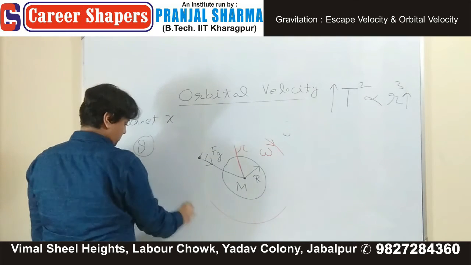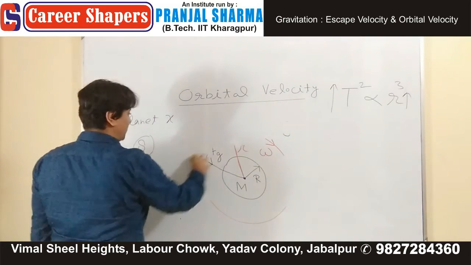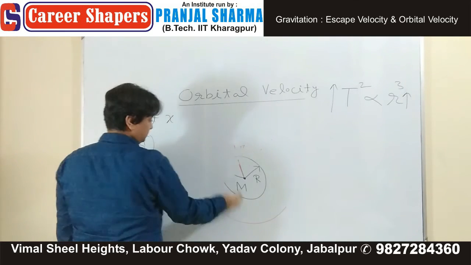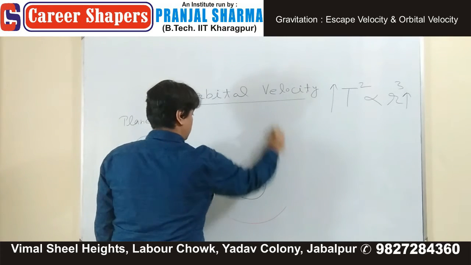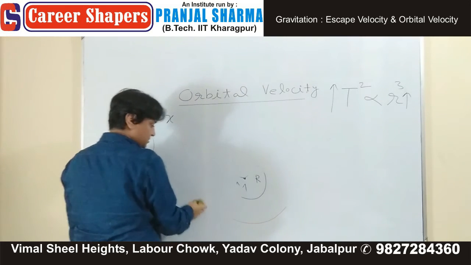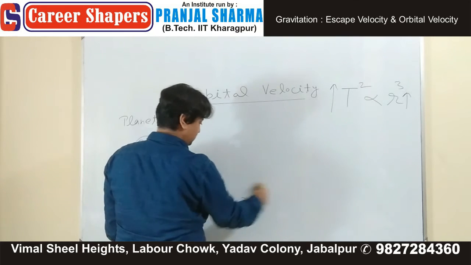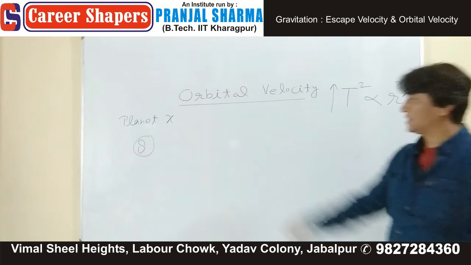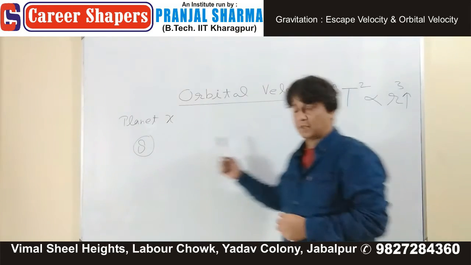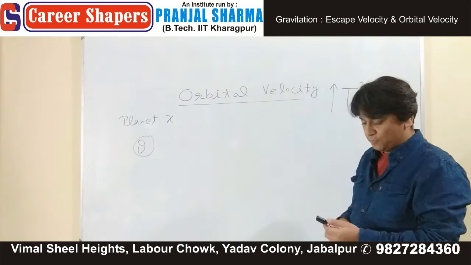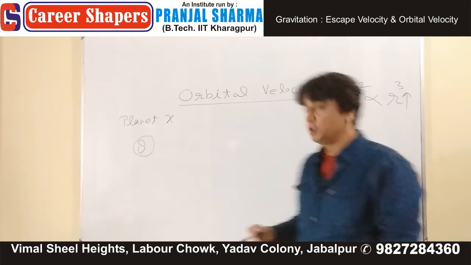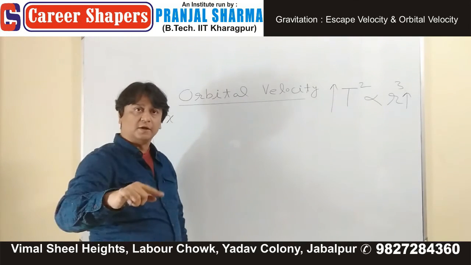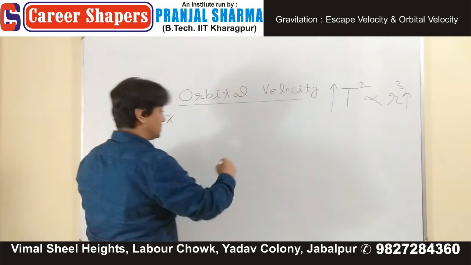Let me repeat my question. Write down the question. A planet X around Sun revolves at a distance of 8 times that of Earth from the Sun. Find out the duration of 1 year in terms of Earth's year on that planet.